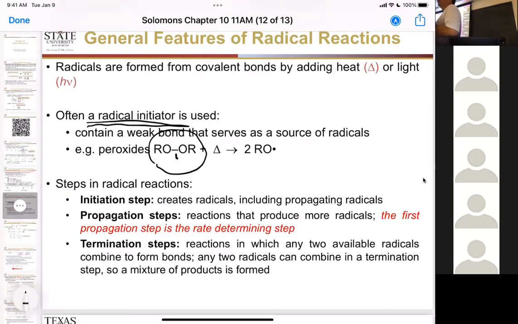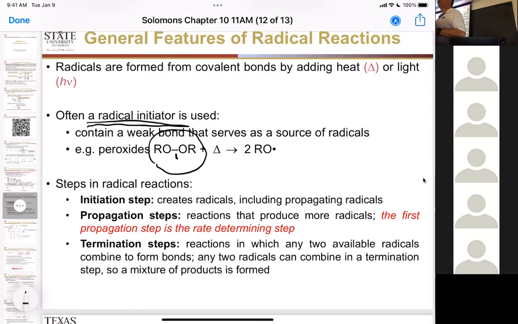So why is it important to generate a radical? Well, remember, we have two kinds of reactions we can do. We can do hydrogen abstraction and give us a carbon radical. So this could generate a carbon radical after you've generated that much easier to make oxygen radical. Okay, so you're initiating with that. The other thing we can do is it can add to a double bond, generating another radical.